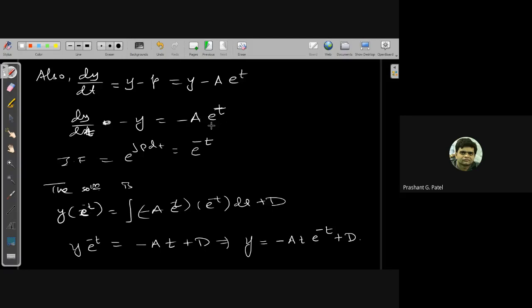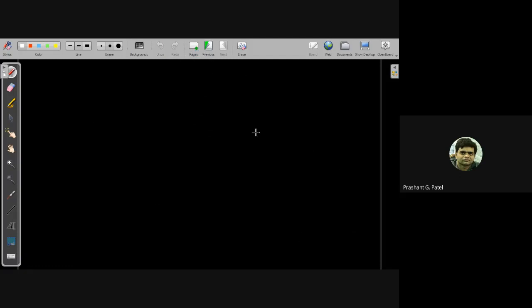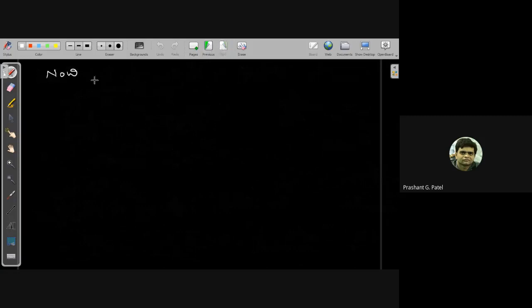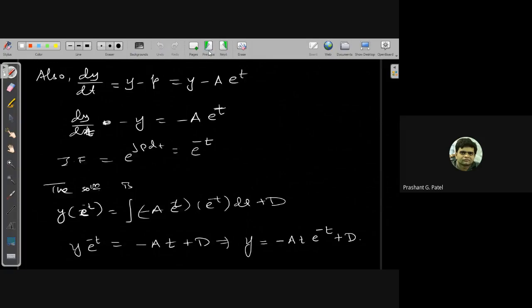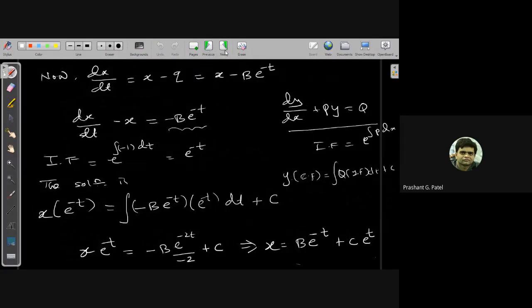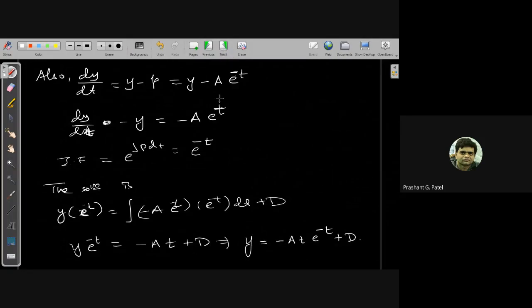So this is the value of y. Now we'll use this initial condition to calculate these constants. We'll have p equal to a e power minus t.